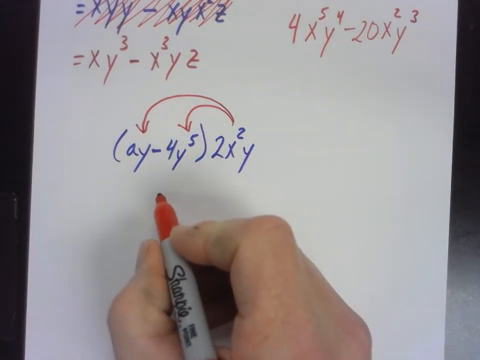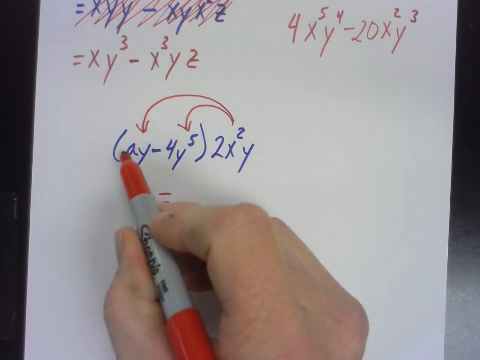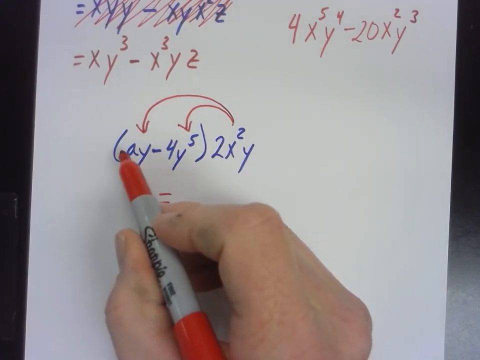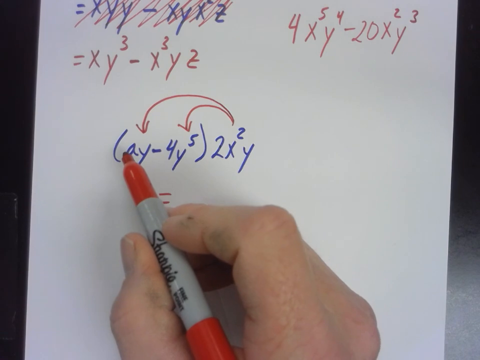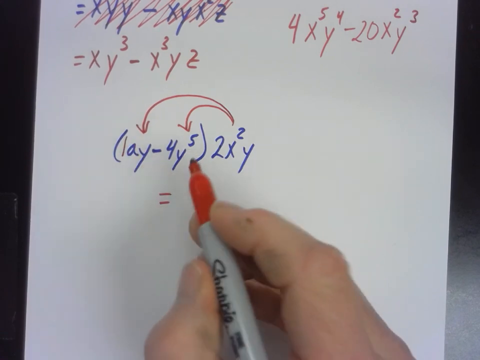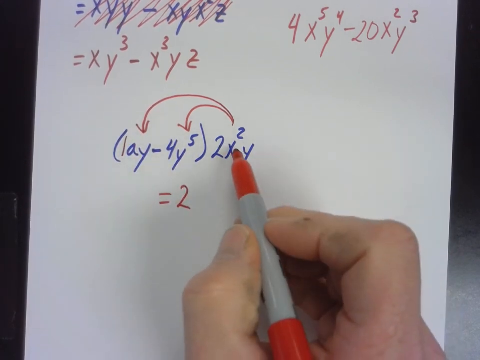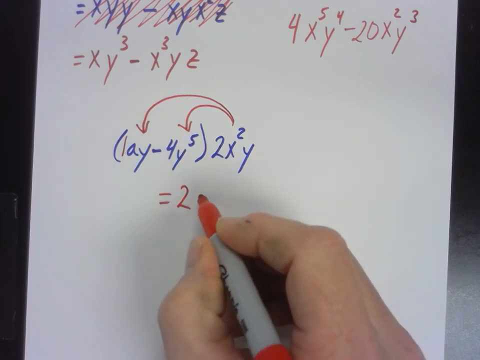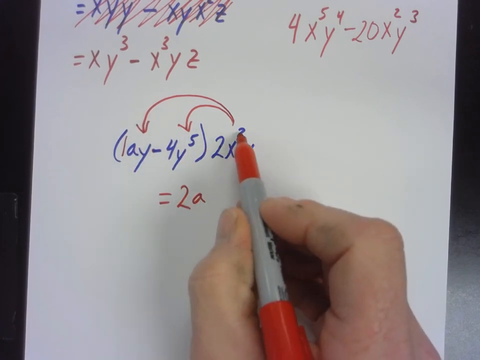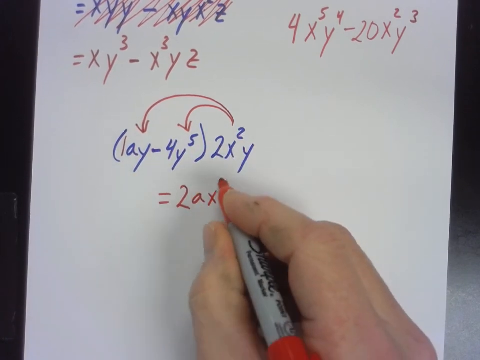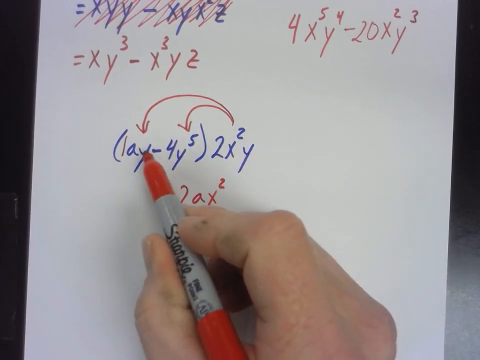So 2 times what? 1. How come I'm not hearing from you guys? 2 times what? 1. There you go. That's 2. And then we've got times a and then x squared times this, that's just x squared. And then y squared. Yeah, y times y is y squared.